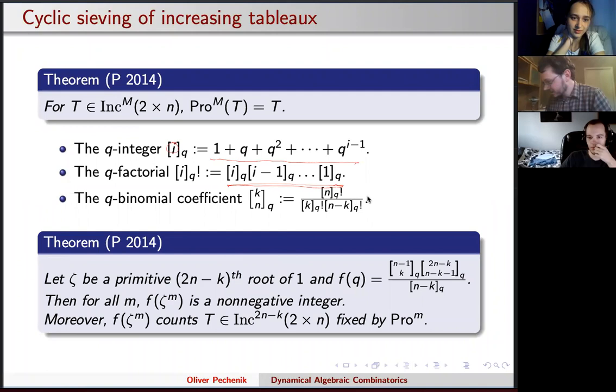It looks like a rational function, but I promise it's not. Actually everything cancels. It's a polynomial, and even better, all the terms have non-negative integer coefficients.